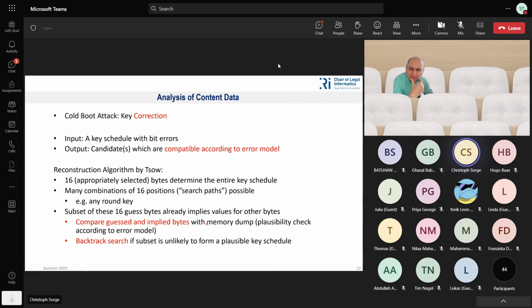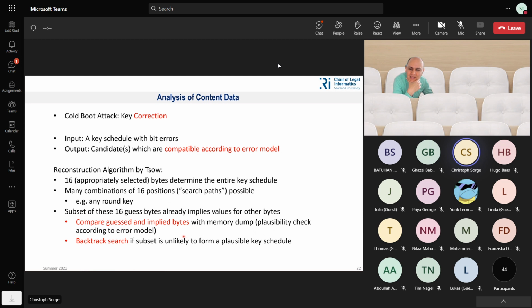So you compare the bytes that you guessed and that are implied, and you can compare that with the memory dump. So basically, you do a plausibility check whether your current candidate is compatible with the memory dump according to the error model, and you backtrack the search if the certain assumptions that you made are wrong.